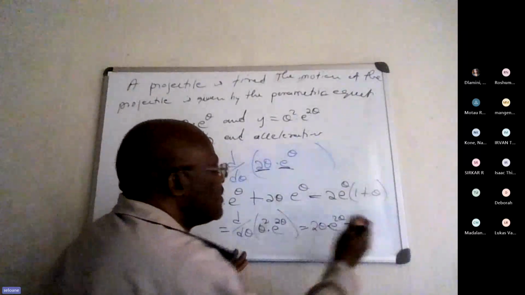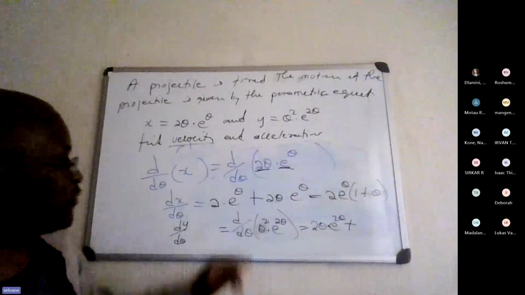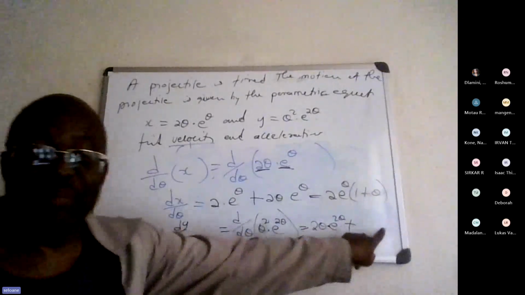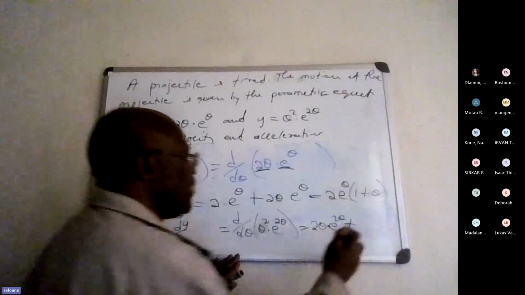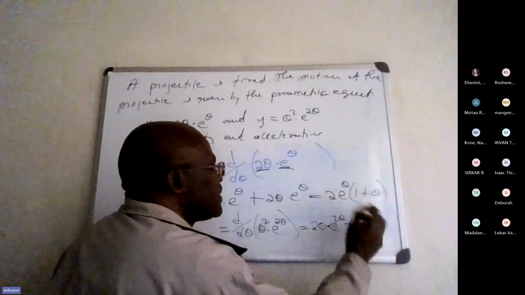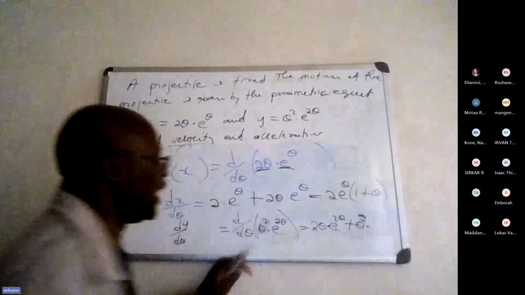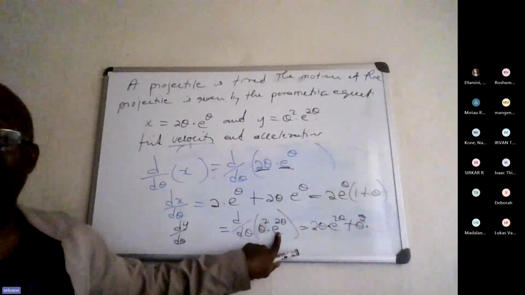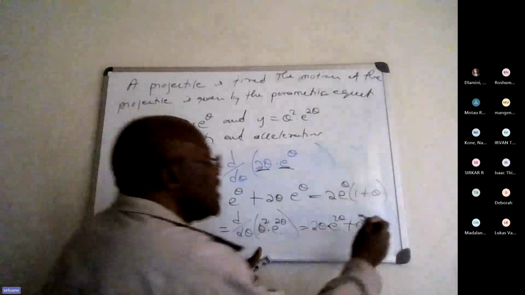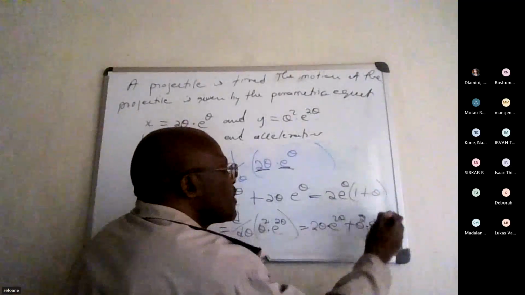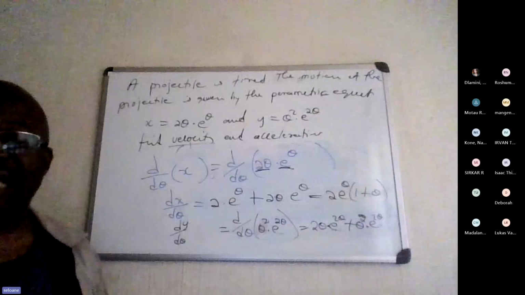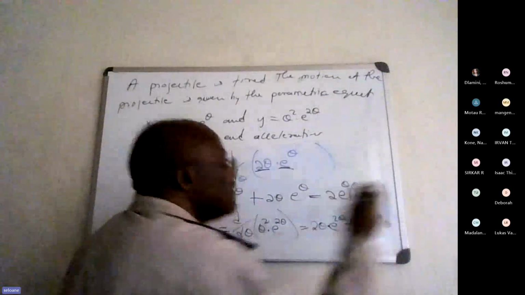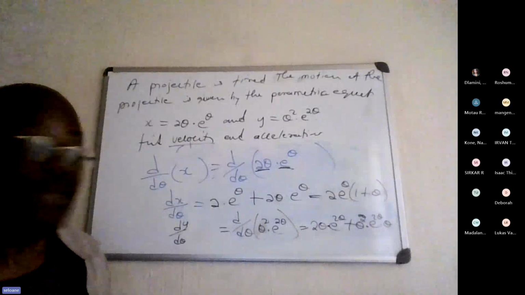Plus now the other way around. What was differentiated here will now be fixed here, and what was fixed here will now be differentiated. The answer will simply be theta squared multiplied by, you differentiate this. This is an exponential function. Therefore, we have to use the exponential rule, where it says you must first fix it, multiplied by the derivative of the exponent, which will be the derivative of 2 theta, and then multiplied by the ln of the base.